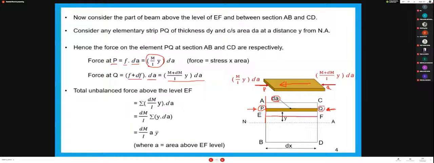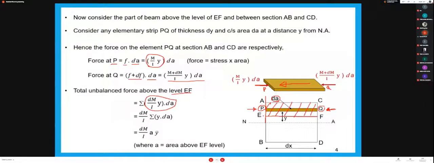But if we find the total unbalanced force for the whole area above the EF level, this difference is only for a small strip PQ. For the whole area above the EF level, we take the summation of all the unbalanced forces above the level EF. So dM by I is constant, because the change in moment and the moment of inertia are constant.